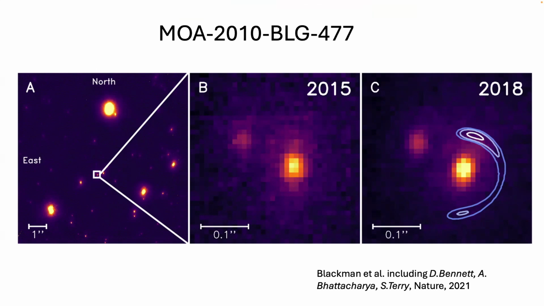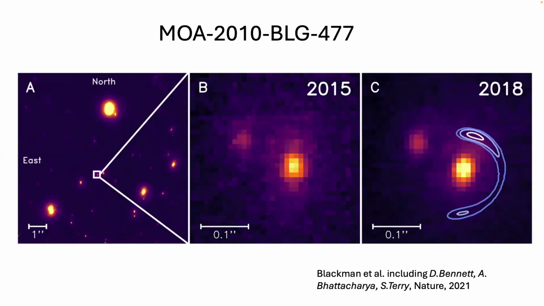In this case, you can see this was an event observed in 2015 and 2018. And initially we thought this would be the lens star, but this star did not really move much. And so here it shows where we expect the lens star to be.